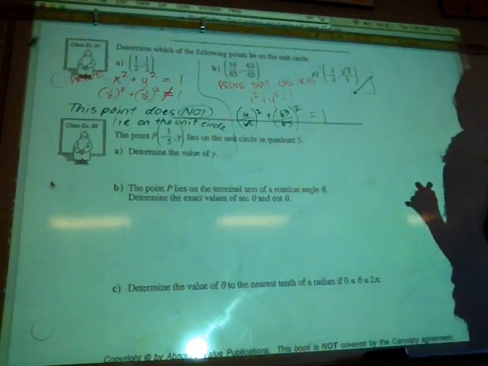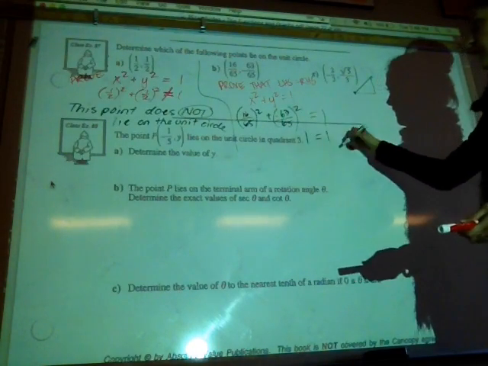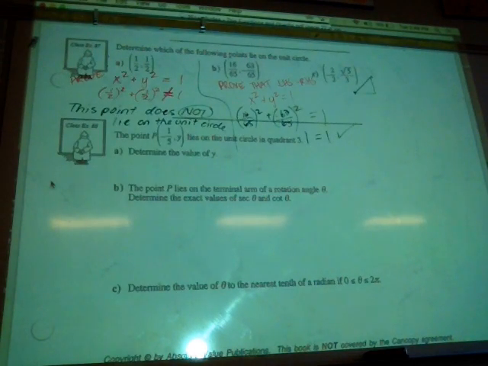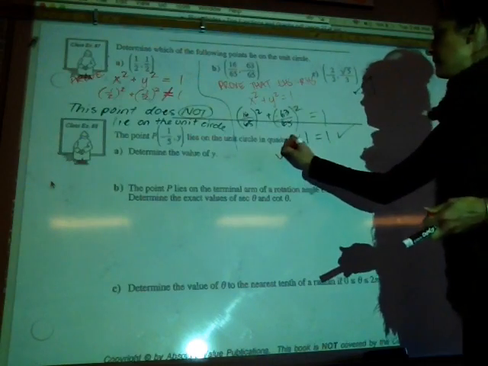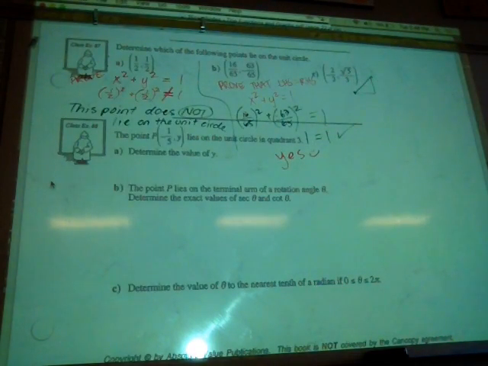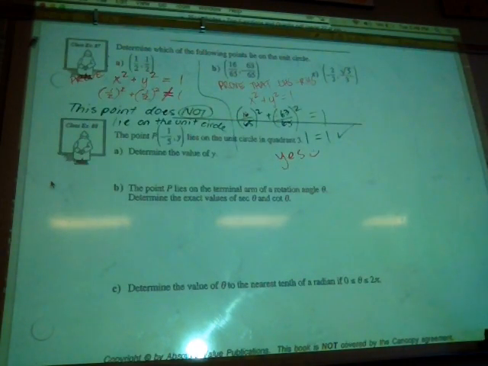Does that equal 1? Yeah. If you've already calculated it, you should get that 1 equals 1. So yes, this point lies on the unit circle. So you guys get the point?